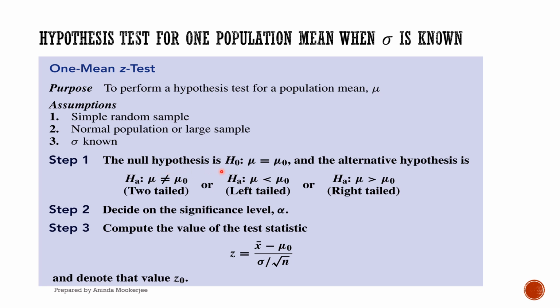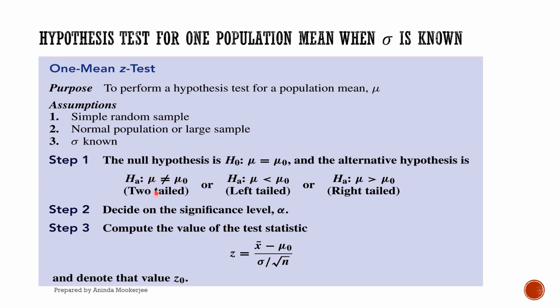And you have to state both the null hypothesis and the alternate hypothesis. The null hypothesis, the way you're going to write it is H sub 0 colon, and then mu, the population mean, is going to be whatever the null hypothesis mean is or has been. Alternate hypothesis can be one of these three.